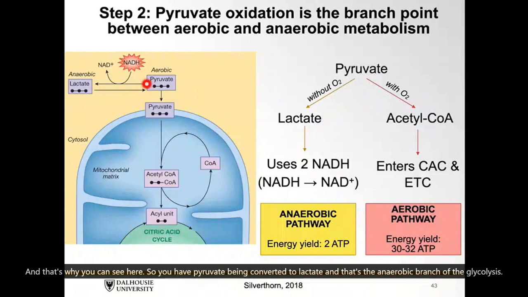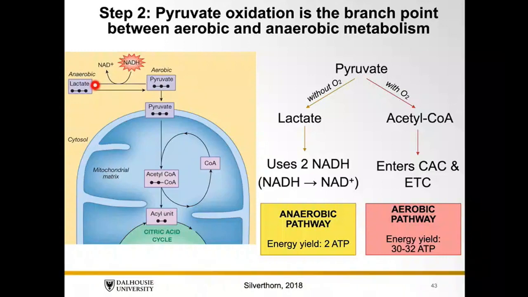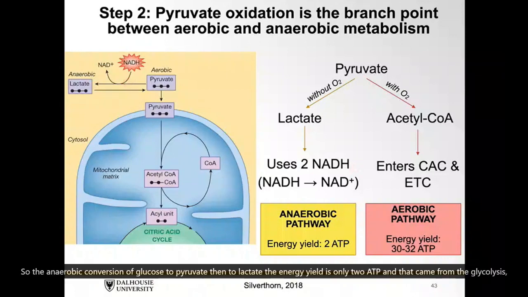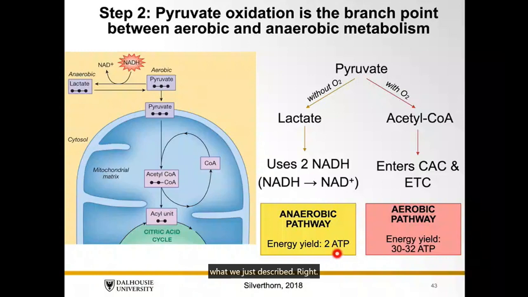So you have pyruvate being converted to lactate, and that's the anaerobic branch of the glycolysis. To do that, we actually lose 2 of the NADH that we produced. So for the anaerobic conversion of glucose to pyruvate and then to lactate, the energy yield is only 2 ATP. And that came from the glycolysis, what we just described, right?